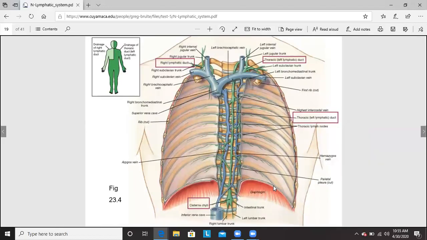Make sure you know the pieces and parts. Make sure you know cisterna chyli. I call this thoracic duct, that left lymphatic duct, and I call that right lymphatic duct. Make sure you know what areas of the body drain through the left lymphatic duct into the left subclavian, and what areas drain through the right lymphatic duct into the right subclavian vein.